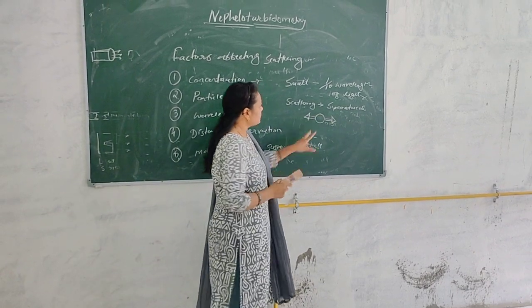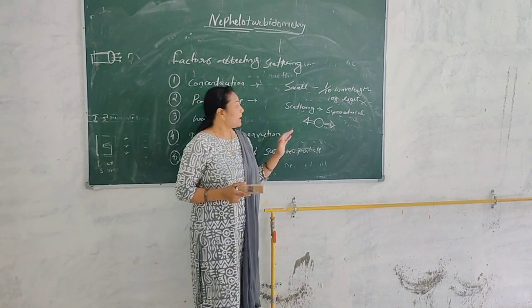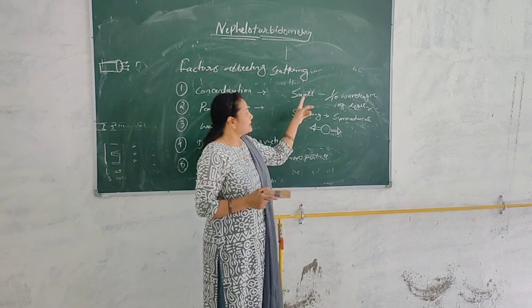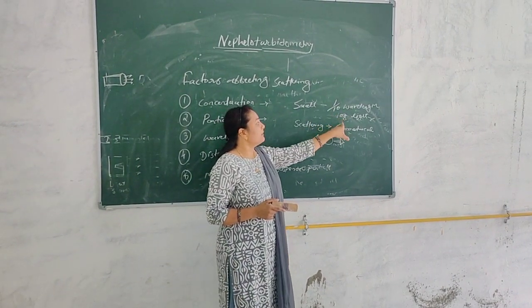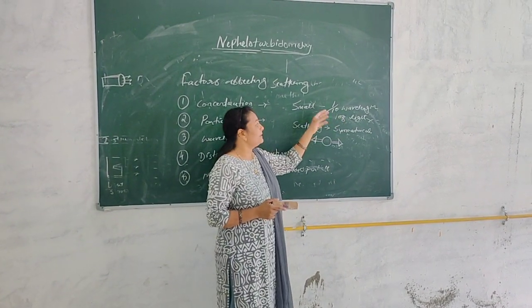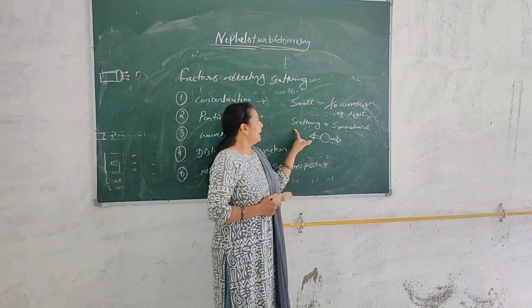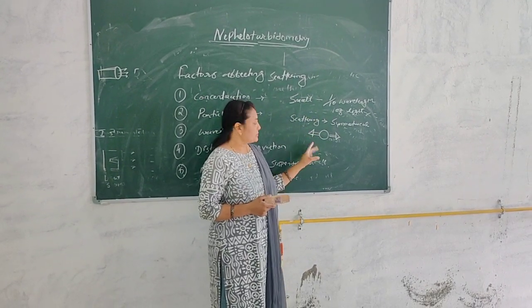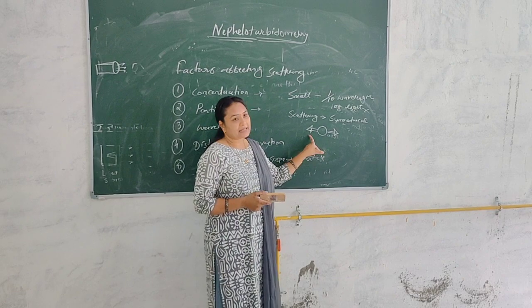So in a small particle, the scattered light is 1/10 of the wavelength, and the scattering is symmetrical.